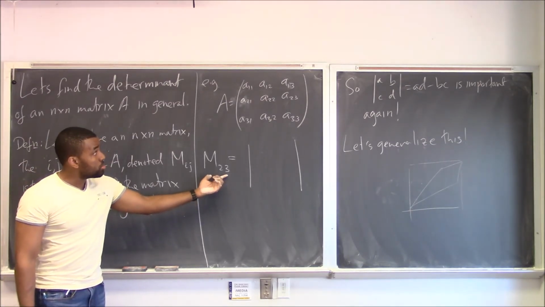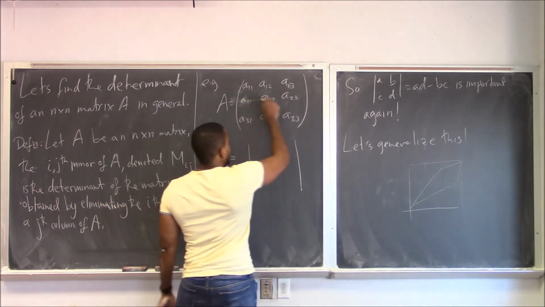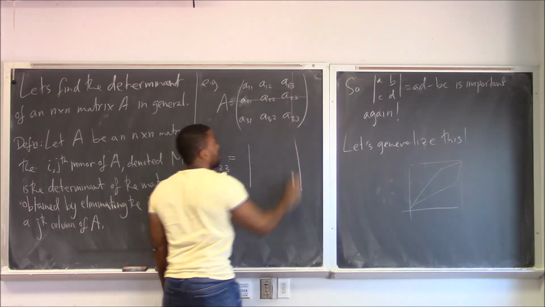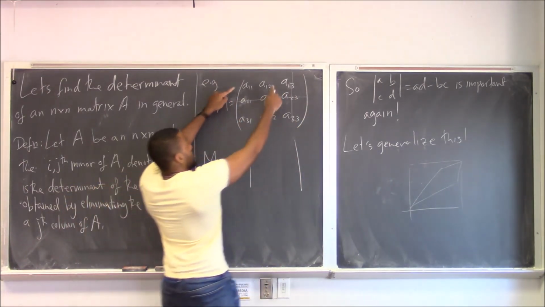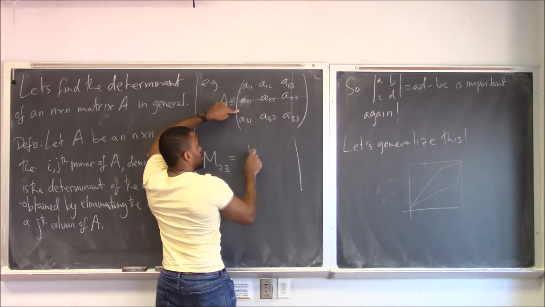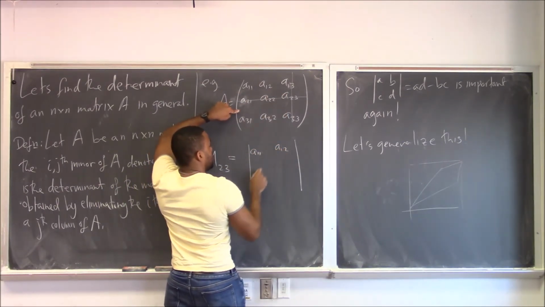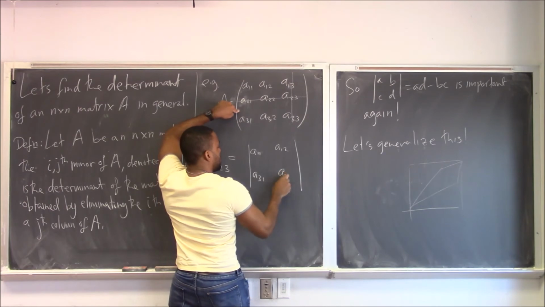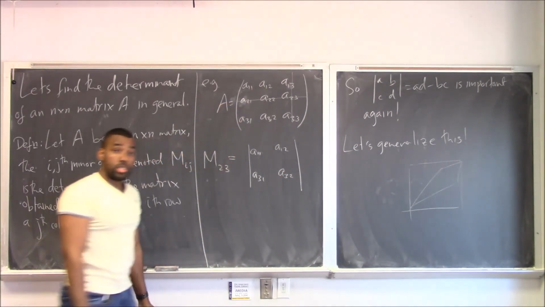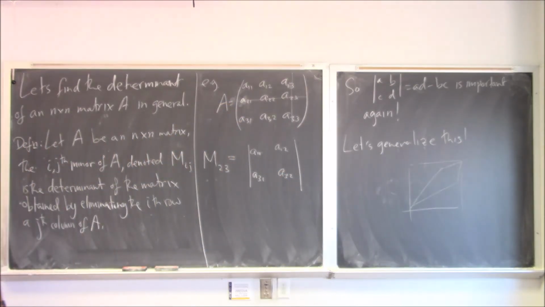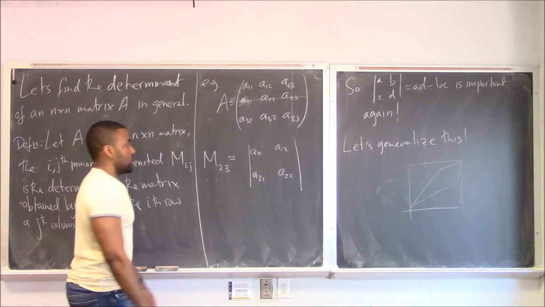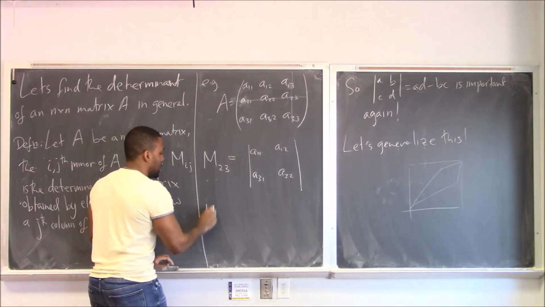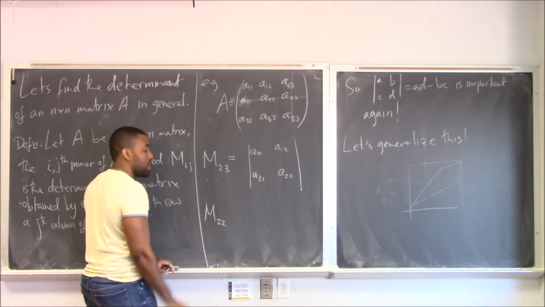If I go into this matrix and eliminate the second row and the third column, you see these numbers that are left over: A11, A12, A31, A32. That determinant is defined to be the minor 2-3. Or if I said, what is the 2-2 minor?